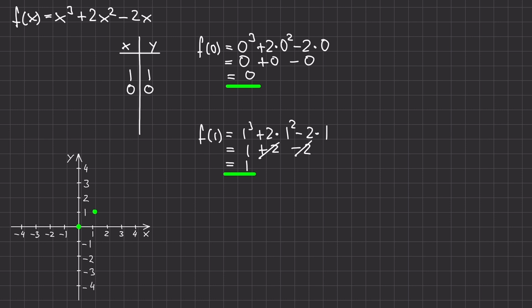Let's plug in 2 for x. F of 2 equals 2 cubed plus 2 times 2 squared minus 2 times 2. 2 cubed is 2 times 2 is 4, times 2 is 8. 2 squared is 4, times 2 is 8. And negative 2 times 2 is negative 4. 8 plus 8 is 16, minus 4 is 12.